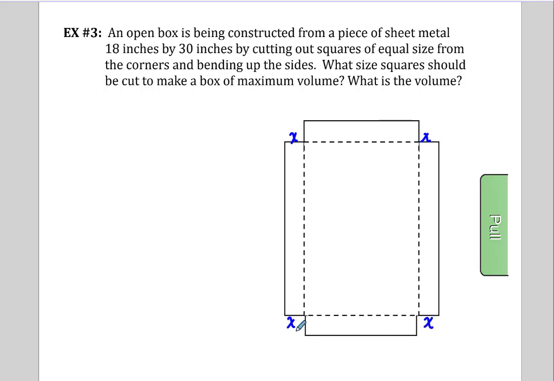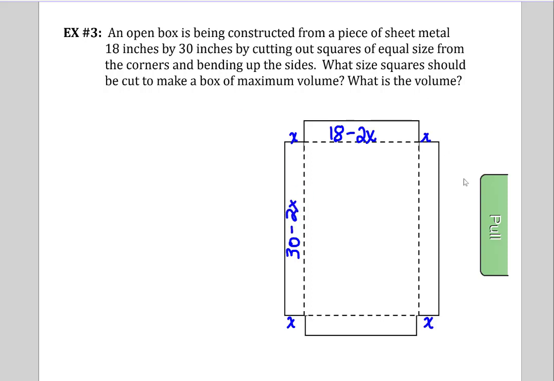It's a square. So if it's 18 inches this way and we cut 2 x's out, this leftover piece is 18 minus 2x. And if it's 30 inches long of sheet metal and we cut 2 x's out of that side, then this side would be 30 minus 2x. So we have that visual going on.